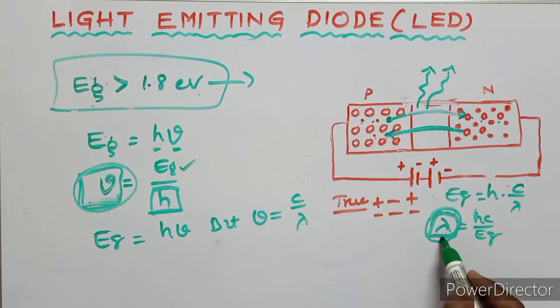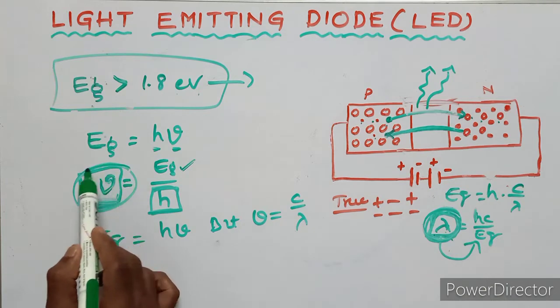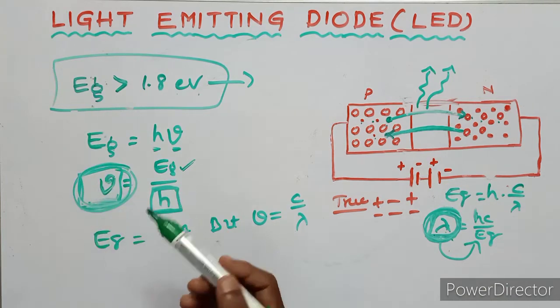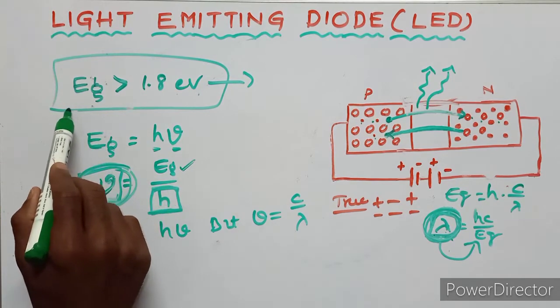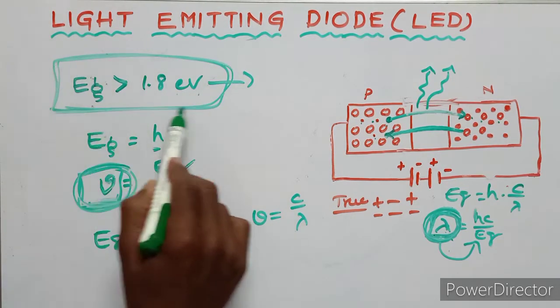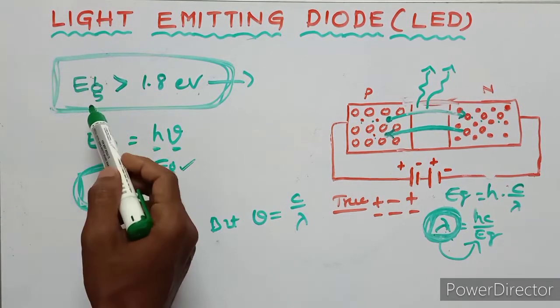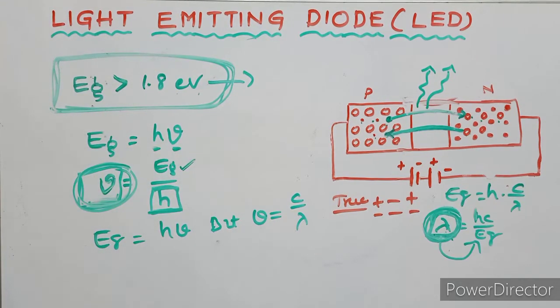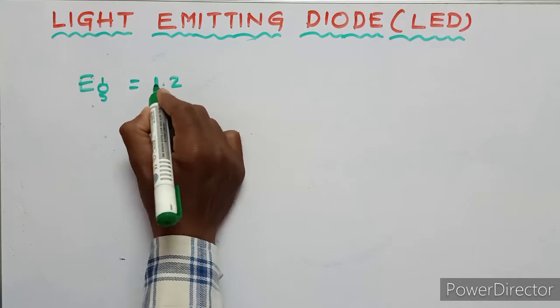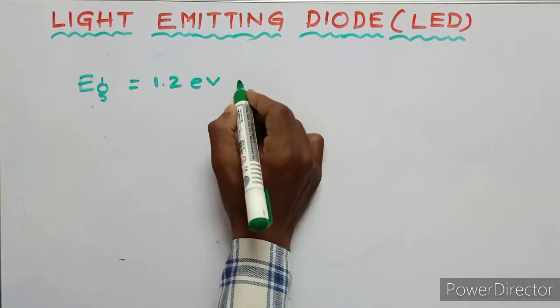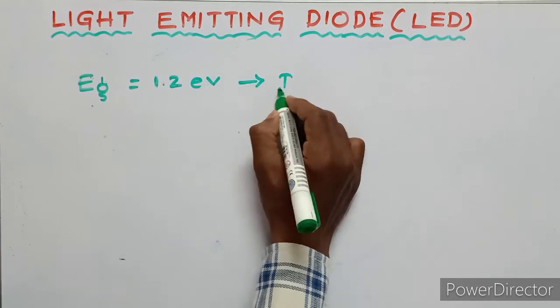So different values of wavelength, frequency, and energy gap give different colors. If the energy gap is 1.2 electron volts, that color is infrared.